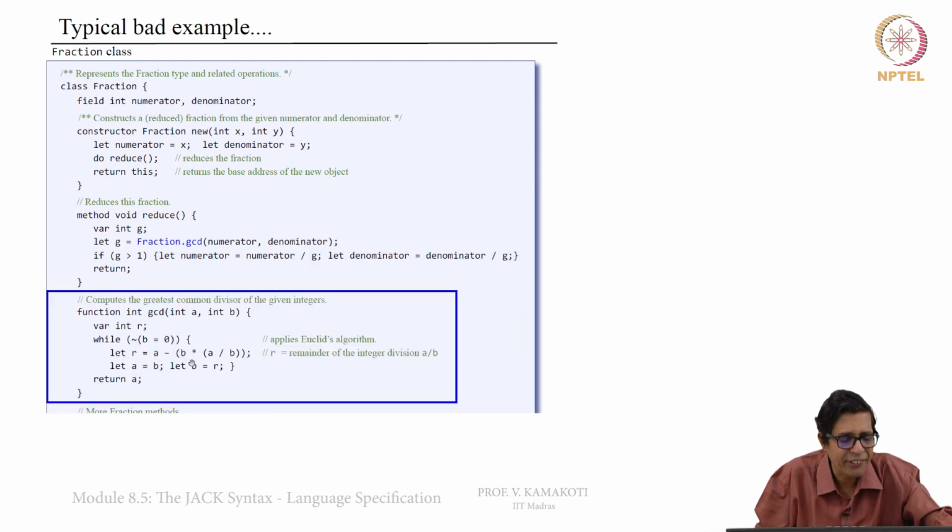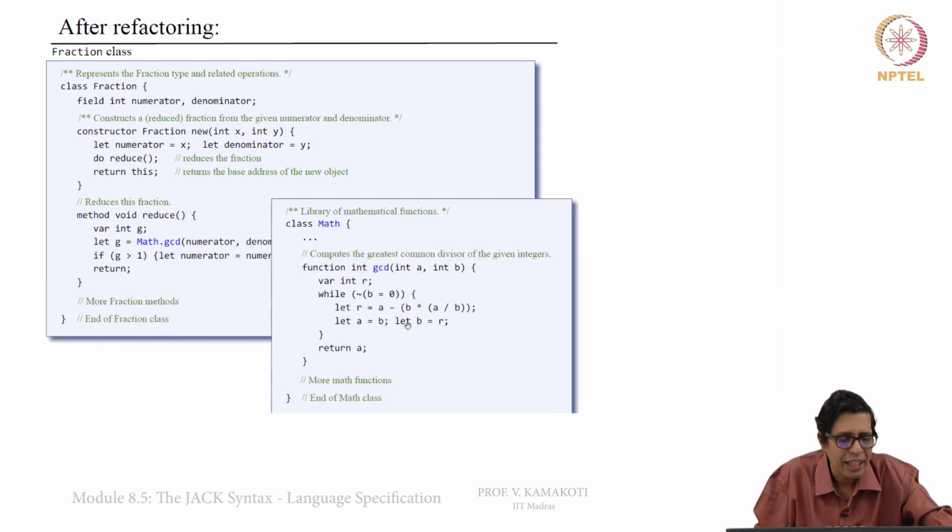So this is a very bad design. I have put this GCD inside a fraction and I am using it, rather than putting GCD as a part of the math library of mathematical functions and just saying math.gcd. Then this would have been very useful for us.